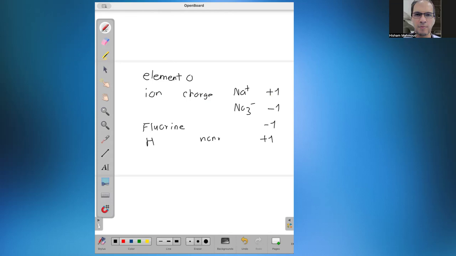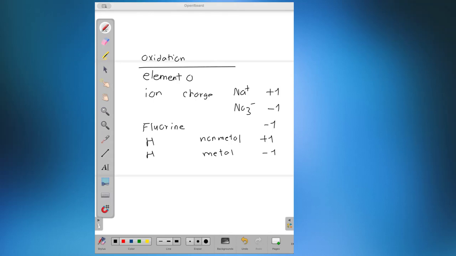If you have hydrogen with a metal, it will be -1. The only case where the oxidation state of hydrogen is negative is in a metal hydride, a compound made from hydrogen and a metal together, in which case the hydrogen will be -1, not +1.